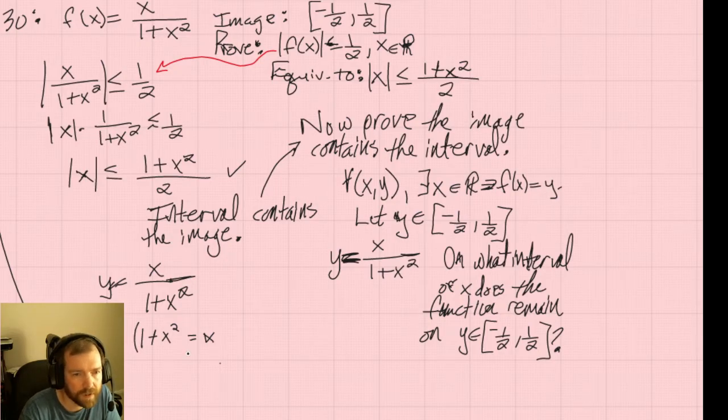Really? There we go. Alright, so 1 plus x squared times y is equal to x.